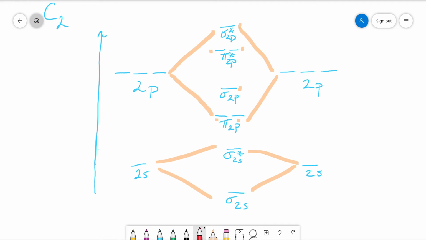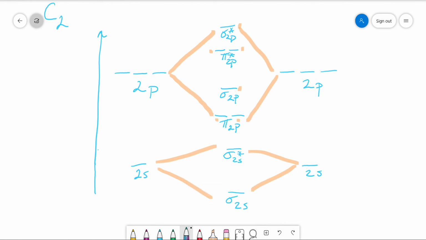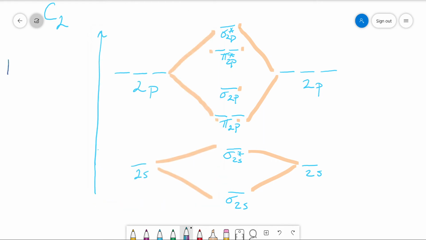So let's throw in some electrons. Let's do sparkly electrons. Why not? I don't know why. The electron configuration for carbon: 1s2, 2s2, 2p2. So 1, 2, 3, and 4, 1, 2, 3, and 4.